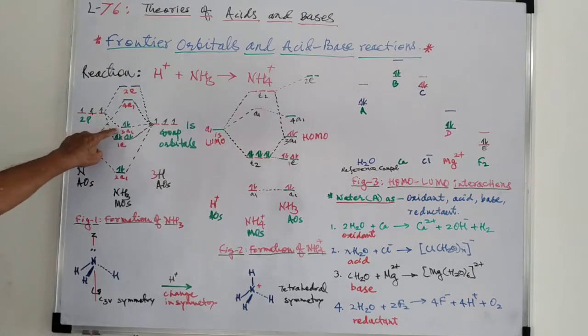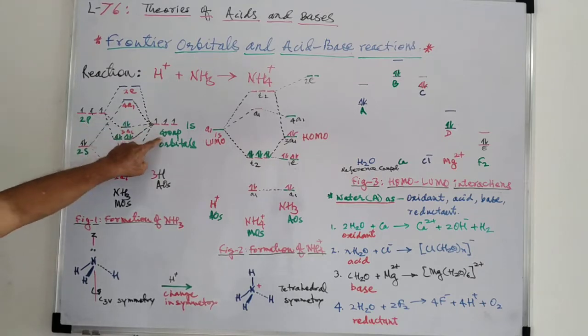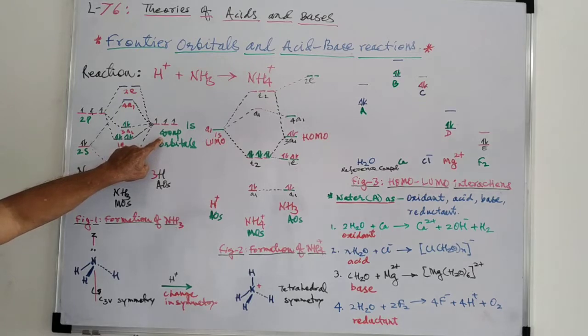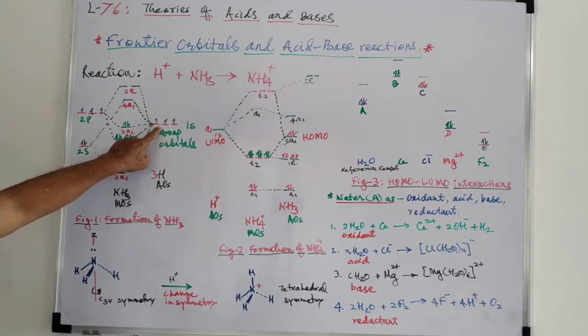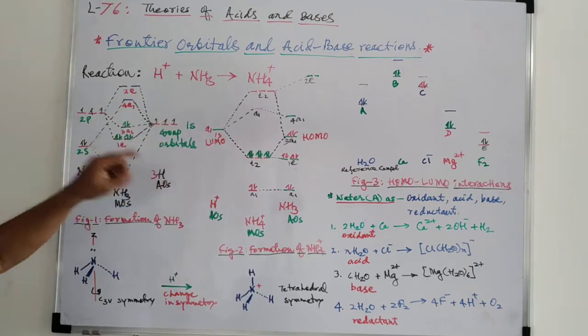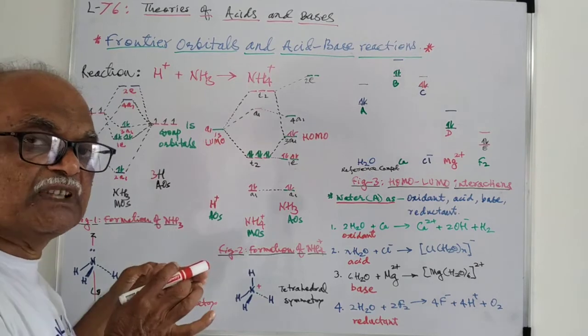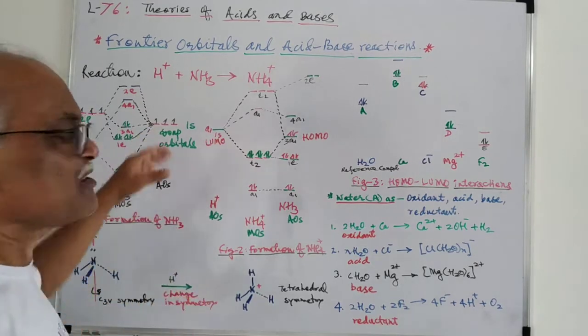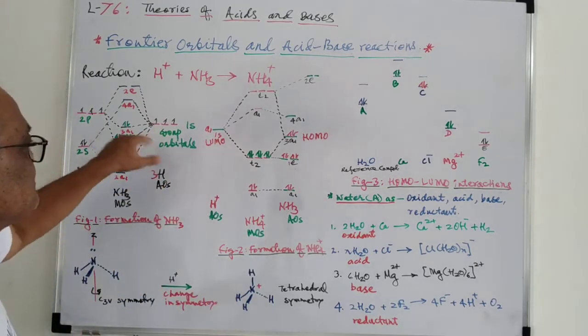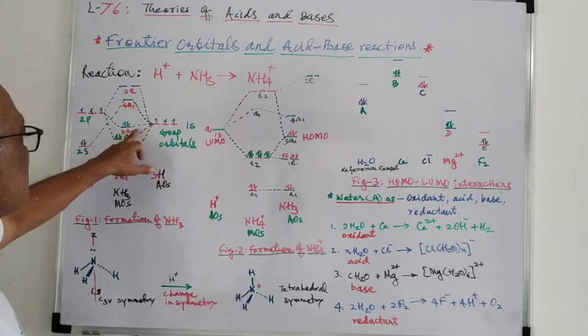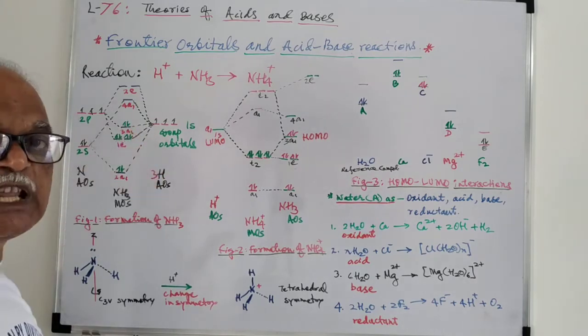So 3A1 is obtained from pz of this nitrogen and 1s of these hydrogens having matching symmetry. So that is A1 symmetry. This means all these 1s orbitals contribute A1 symmetry orbitals, or a fraction of these A1 symmetry orbitals, for the formation of this 3A1 molecular orbital.